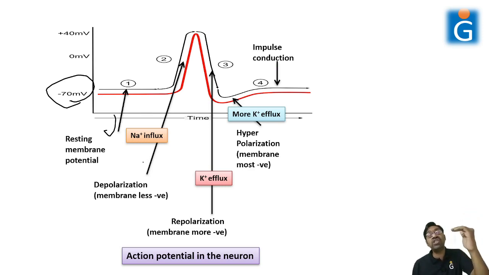This threshold potential is the potential at which the actual depolarization of the cell is going to take place. When the threshold potential has been achieved, there is a depolarization, means the membrane inside the neuron is going to become slightly positive.